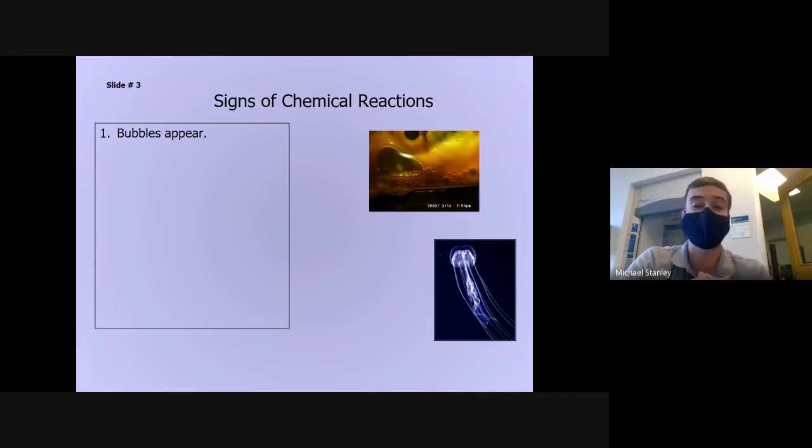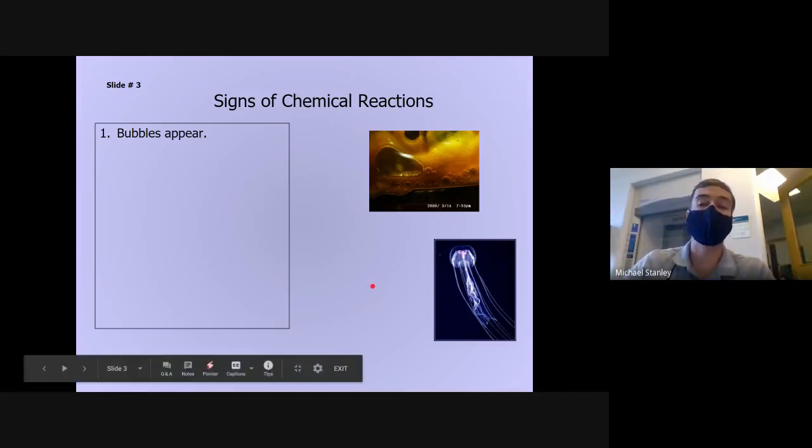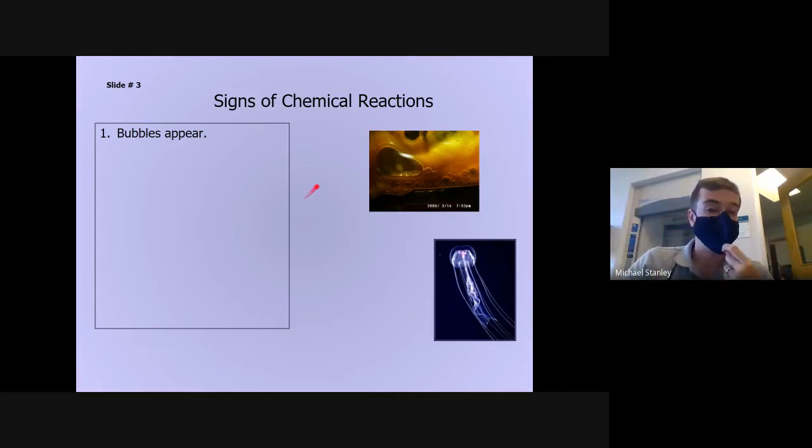Because in that case, we're turning liquid water into gas, water vapor. So that's not really a chemical reaction. It's doing that because we heated it up really hot. However, if we mix two different chemicals together and then all of a sudden they start bubbling and fizzing up, that means that you have some sort of chemical reaction going on.